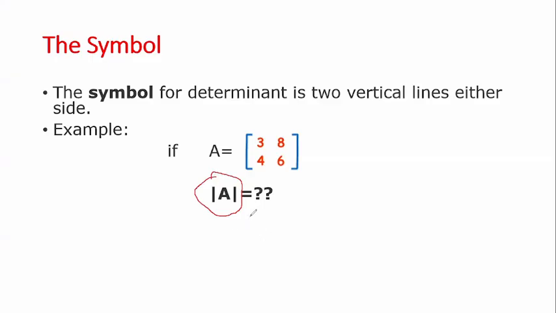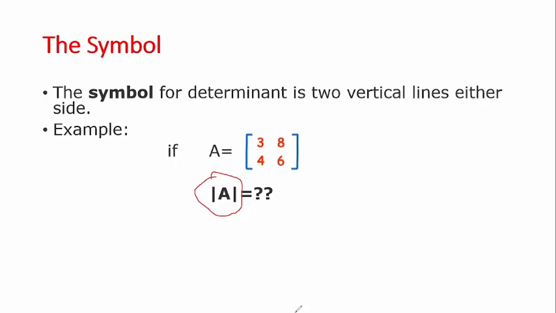Sometimes in some of the references and also in internet sources, in questions that you can find on the internet, in the sentence they are not mentioning, find the determinant. Rather than that, they just use the symbol. Then you should know the symbol symbolizes determinant. That means they want you to find the determinant, right?